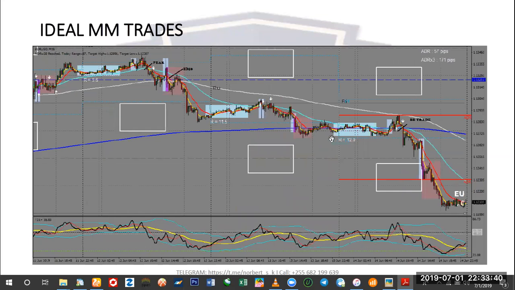This was an ideal market maker trend, for 13th to 14th June, just the last 2 weeks. It happened on Euro USD. This was a peak entry here. There was the 50 EMA. There was no safety. This one was a blueberry trade and also a safety trade because it came to the 200 EMA.